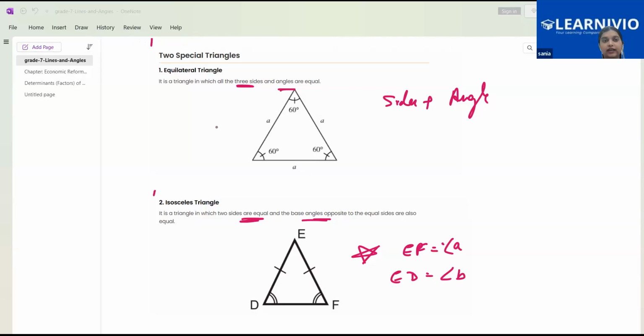That's also the property of a right angle triangle. It's the Pythagoras property. We'll discuss that. Don't worry. Okay. I was just asking, are we going to learn it this year? Is it in the seventh grade syllabus? No, it's not there.